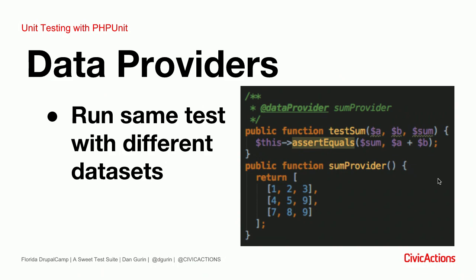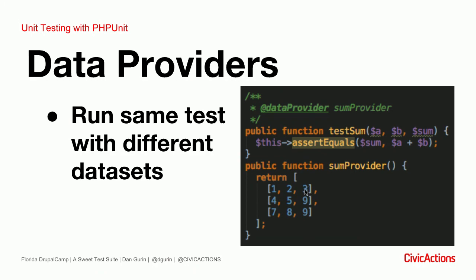There's also data providers. This allows you to run the same test on different sets of data. So here we see we have 3 parameters that we're passing in here, A, B, and sum. Just a simple example here. So when we add A and B, we get the sum. 1 plus 2 equals 3, 4 plus 5 equals 9, 7 plus 8 does not equal 9, so this last one would fail.